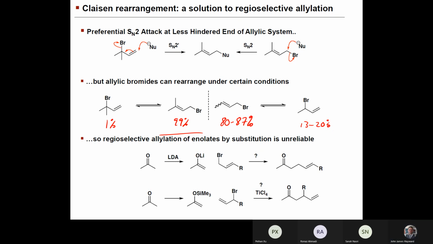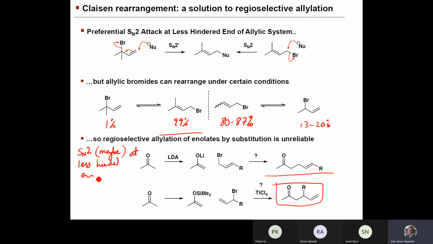So, if I wanted to selectively get this product or this product, maybe trying to just attack an alkylation using an enolate might be a problem. So, one way that we could say hopefully this works is maybe SN2, maybe at the less hindered end.